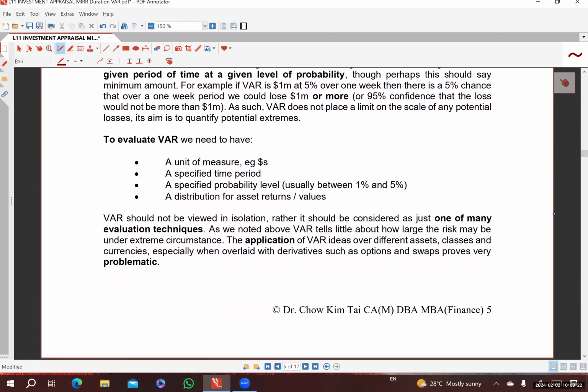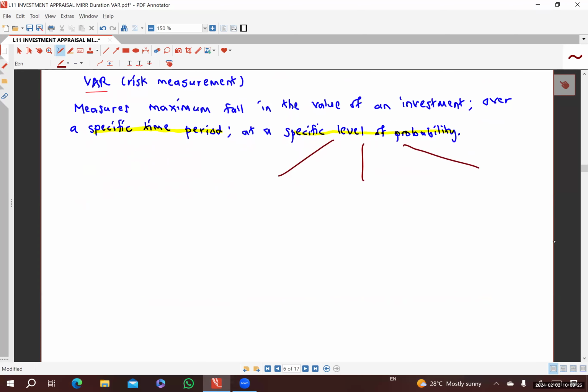There are three common confidence levels used in any statistical test: 99% confidence level, 95% confidence level, and 90% confidence level. These are the common ones.